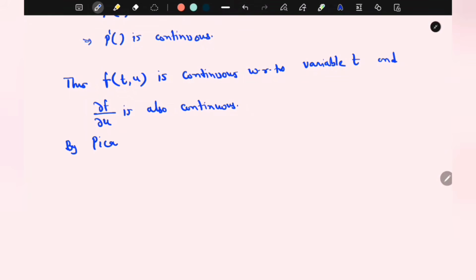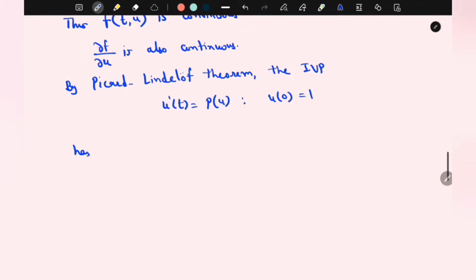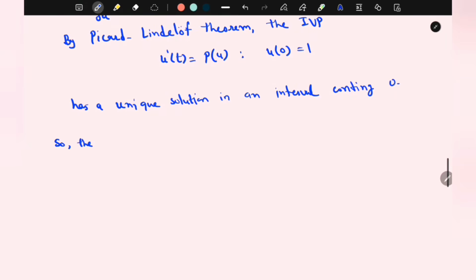By the Picard-Lindelof theorem, the initial value problem u'(t) = p(u) subject to the condition u(0) = 1 has a unique solution in an interval containing 0. So option 4 is the correct option.